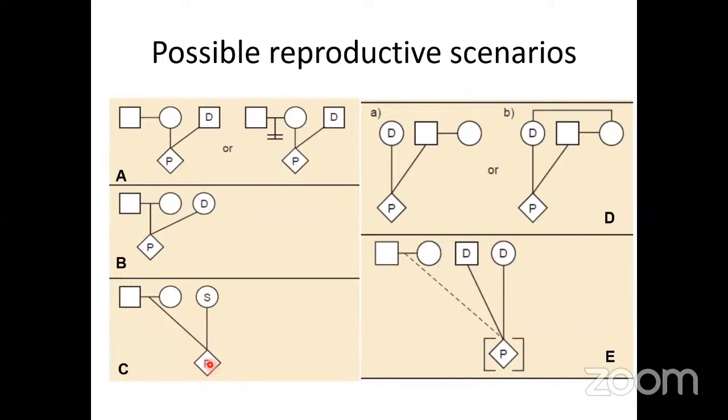Here the pregnancy is a product of conception of the sperm and the ovum of the parents, but the pregnancy is happening in a third person. So this is called surrogacy. Now, surrogacy can also happen with a donor ovum and the sperm of the couple, or the donor can be a related donor and related surrogate mother also, or this is a planned adoption.